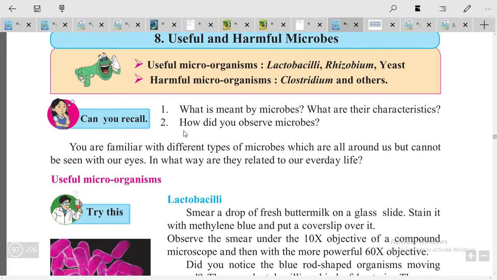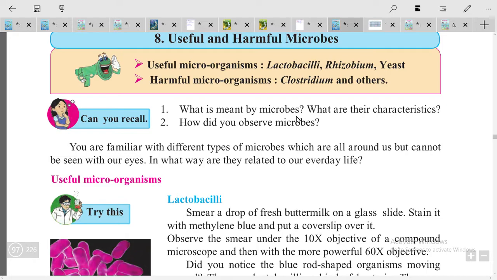Okay. Now, before we see this usefulness and harmfulness of microbes or microorganisms, it is very important to know what is meant by microbes and what are their characteristics. Okay. What is meant by microbes?